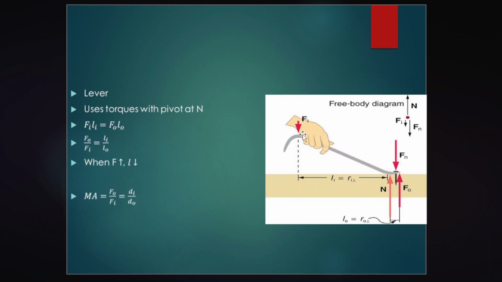You put in a little bit of force here, and you get a lot more force out here. You pivot here at the end. So force going into here, and from our pivot point pushes force out over here.